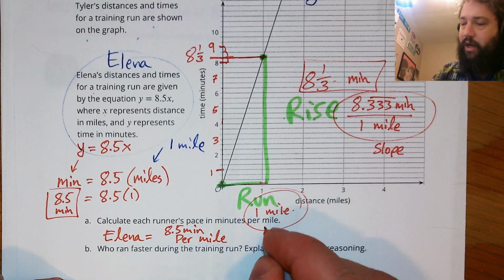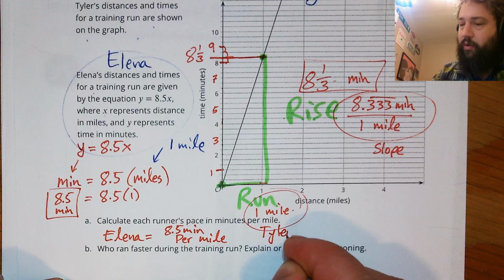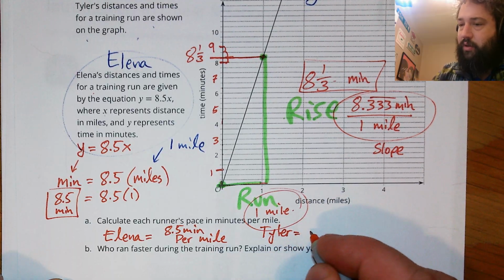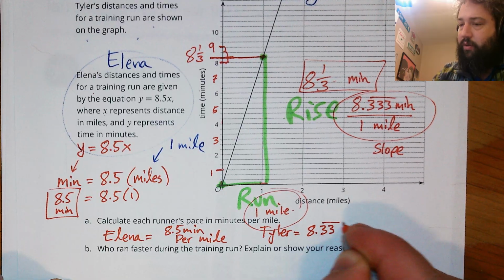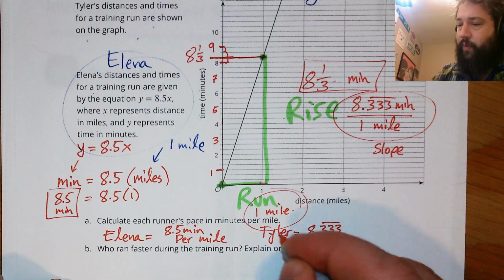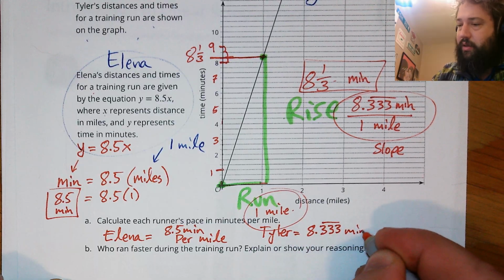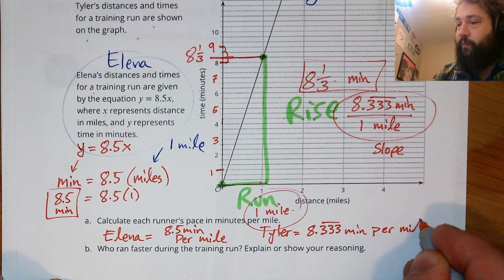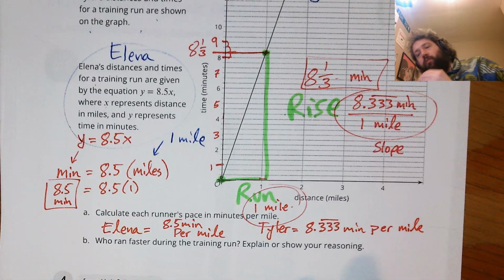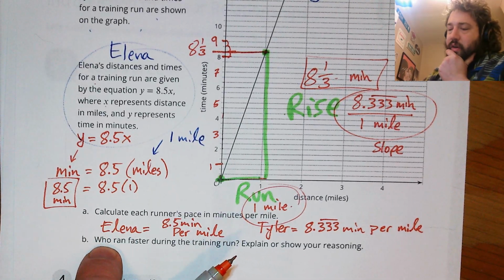And then I know Tyler equals 8.33333 repeating minutes per mile. Who ran faster?